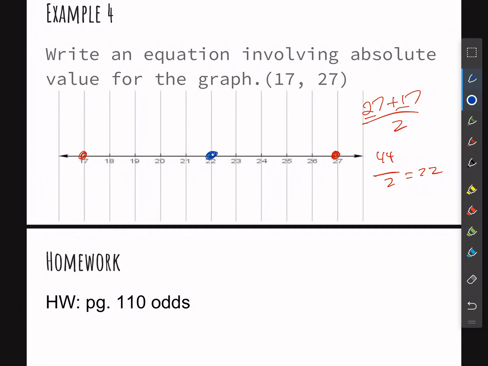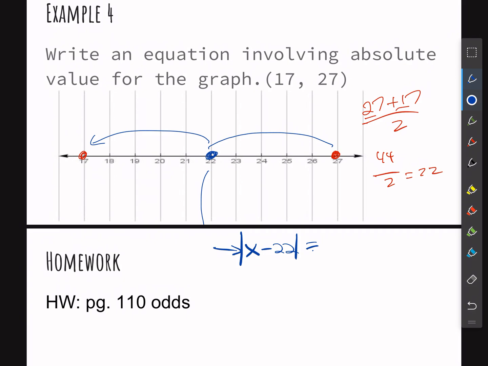Okay, so now what I do to finish this is I say, okay, if 22 is the middle, I'm going to take some variable, we'll call it x, and then we'll subtract 22, because if you plug positive 22 in for this x, then I would get 0, right? So the absolute value of x minus 22 is equal to, okay, and then what is the distance from 22 to 27 and 22 to 17?